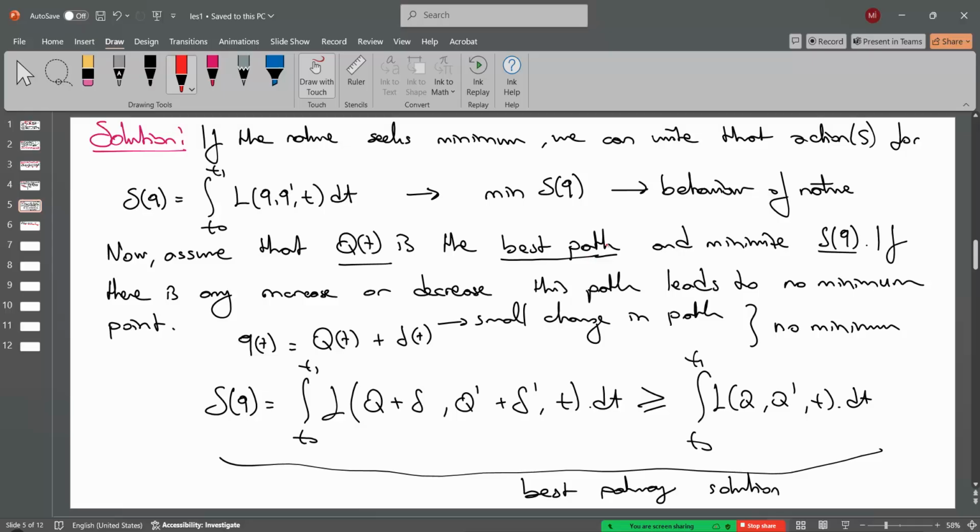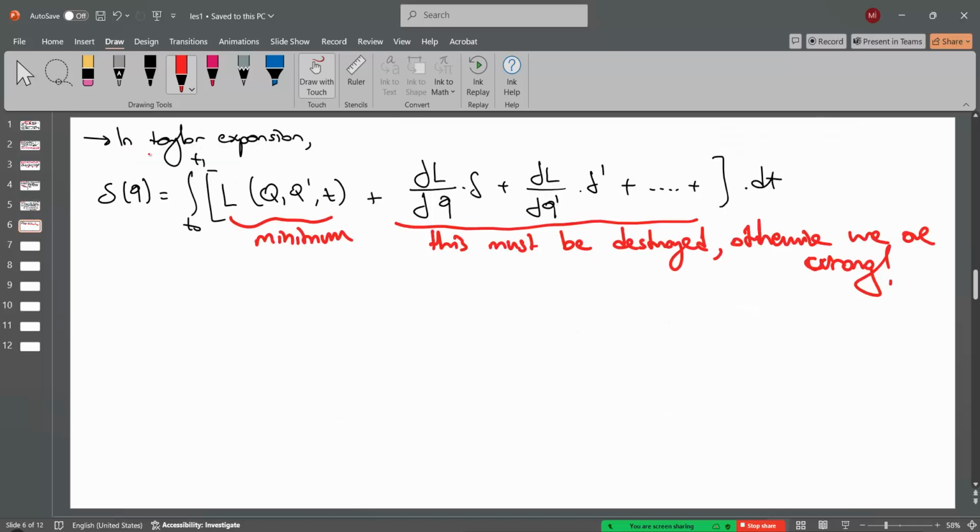In order to break this condition, we add to q(t) the big Q plus a small change in the path, and so we can write it. After that, we can use the Taylor expansion in order to get the dynamics of these equations. And we also know that this is the minimum point, but the other terms must go to 0. Otherwise we are wrong.